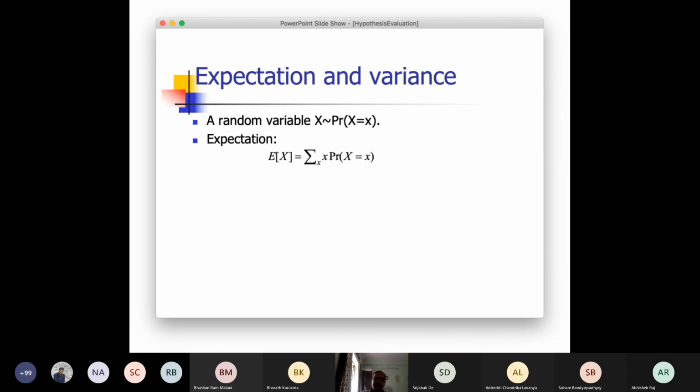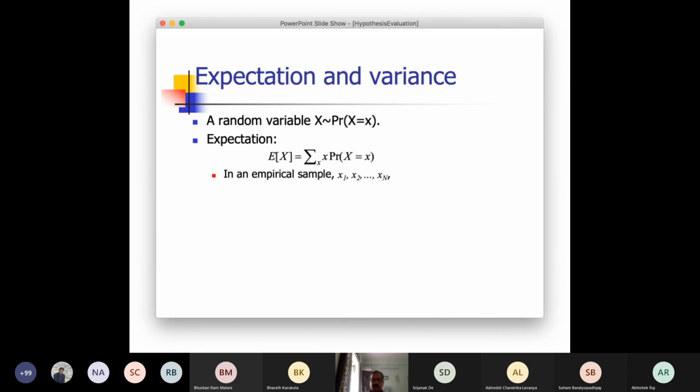If I consider any particular random variable which can assume some value in a particular domain, the domain is either a discrete set of values, a finite domain, or it could be a continuous domain. This is how expectation and variance are computed. Of course, x is considered a numerical value, not a categorical value, in this definition.